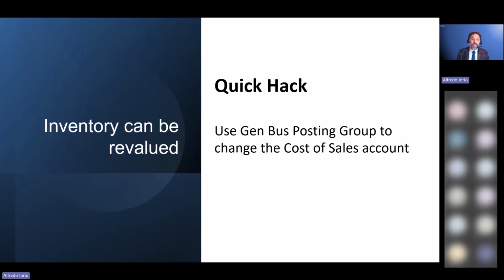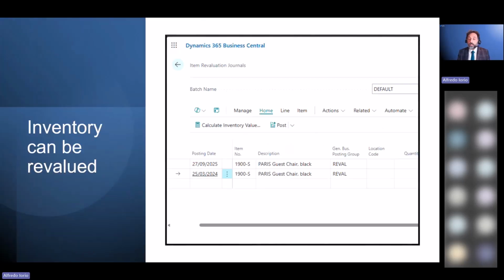You can use a general business posting group field on the item revaluation journal, which is hidden by default, but you can actually show it and apply it to the journal, so you can essentially change the cost of sales account. So you can see here, it's the same journal where I use a general business posting group called revaluation.